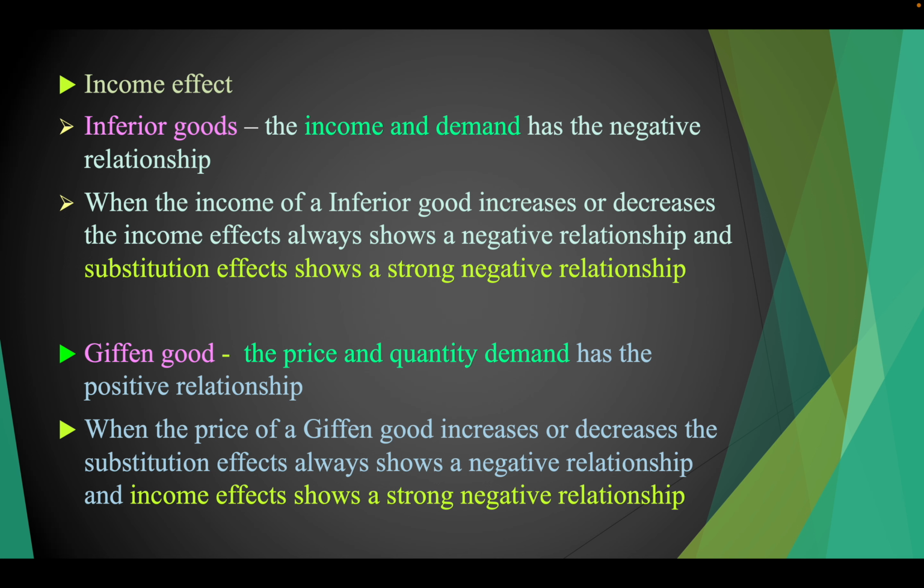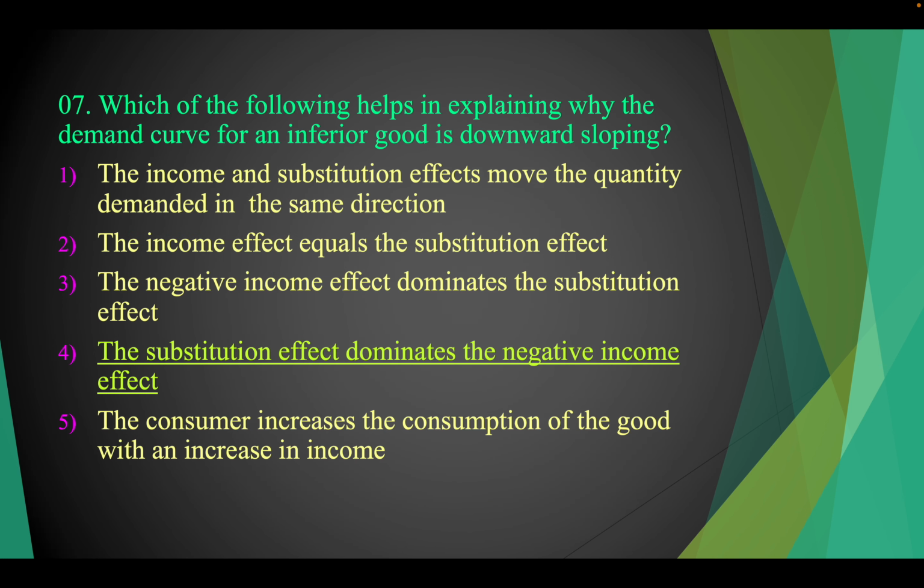That is why here the substitution effect is greater than the income effect. You are more concerned about substitute goods, that means you compare with other goods and you think this good is inferior to you. So that is why here it has the greater, strong substitution effect. So for an inferior good, the substitution effect dominates the negative income effect.